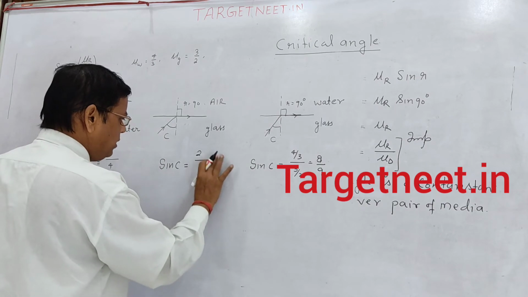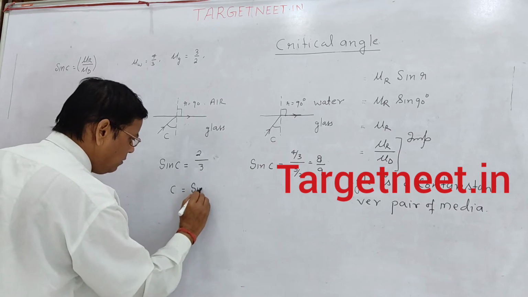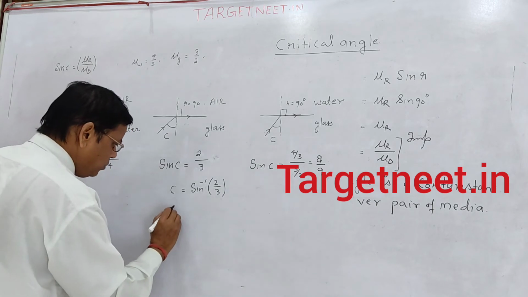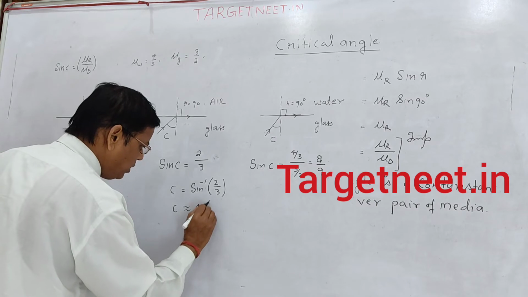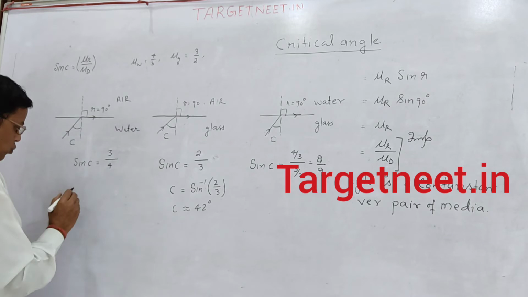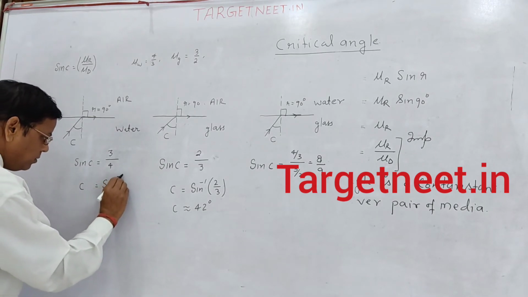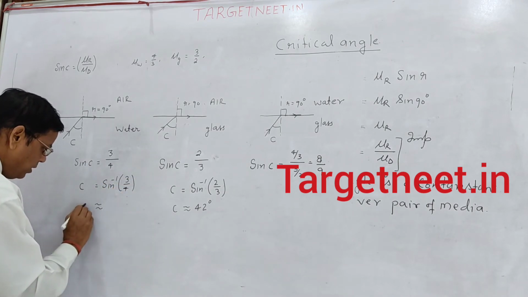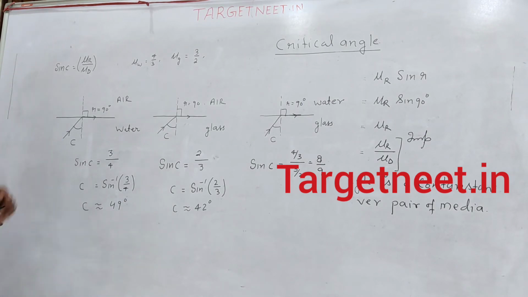This is approximately, here see, you have to write sine inverse 2 by 3. So this is approximately 42 degree. This ratio is 0.75. So if you find C, it is sine inverse 3 by 4, and this is approximately 49 degree. So remember these results.